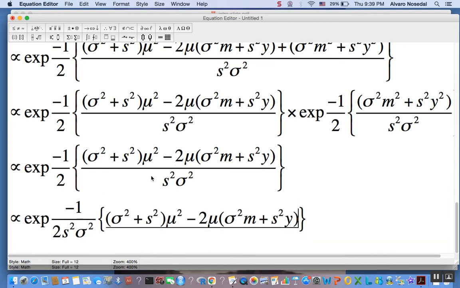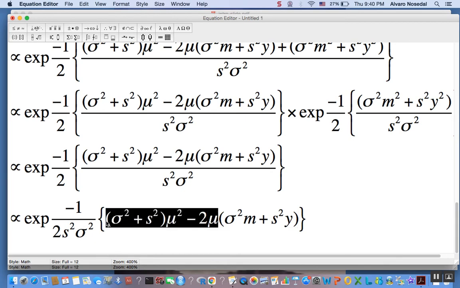I just pulled that out. Okay, so we have e to the negative 1 divided by 2 times s squared times sigma squared. Now, if we could re-express this as something minus something squared, we would have the kernel of a normal. So that's the idea. So let's do a little bit of algebra with that exponent. Okay, let me copy paste this and do that algebra somewhere else.